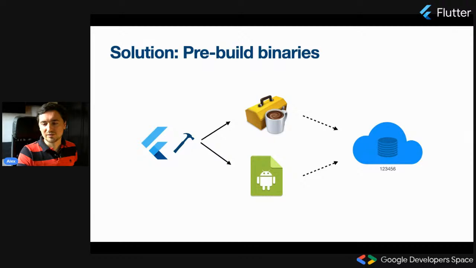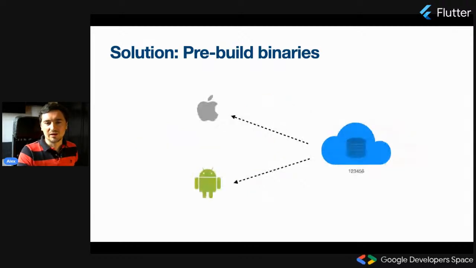An engineer who doesn't have the Flutter SDK on their local machine just pulls these binaries from the cloud storage, or from the binary storage. And for them, it's transparent. They don't even know that this part of the code was written in Flutter, or this framework was written in Flutter. For them, it's just another binary framework that is added as a dependency for my native application.